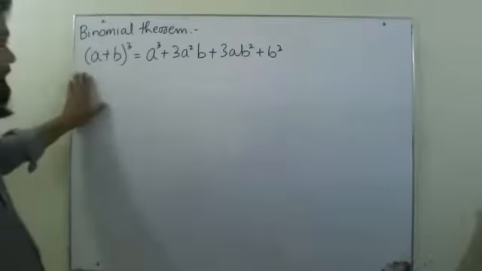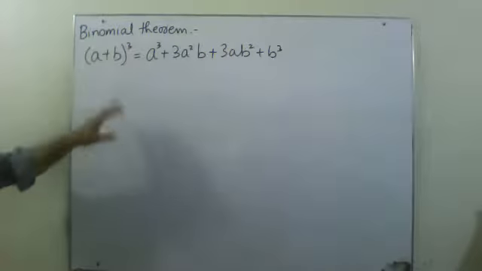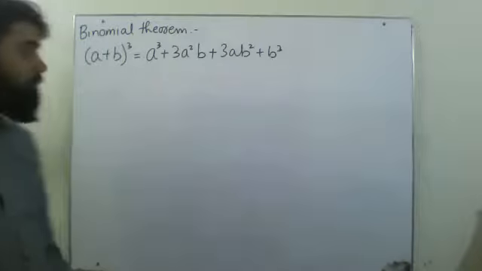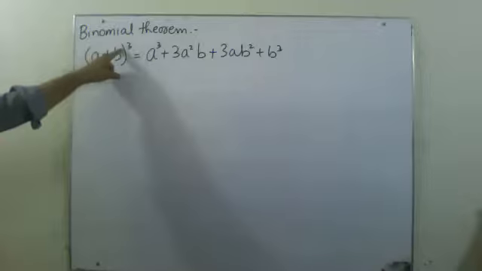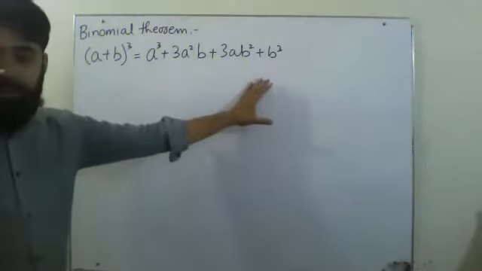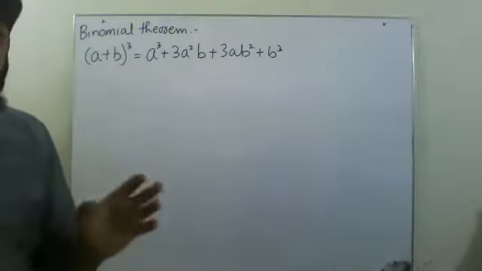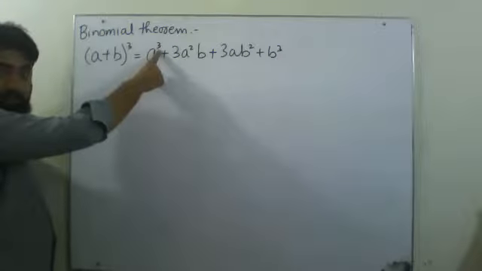Now I have an expansion here of (a + b) whole cube, which is a³ + 3a²b + 3ab² + b³. Inside the bracket, the power is 1. Outside the bracket, for each term, if you add their powers, what is the power here? The power is 3.